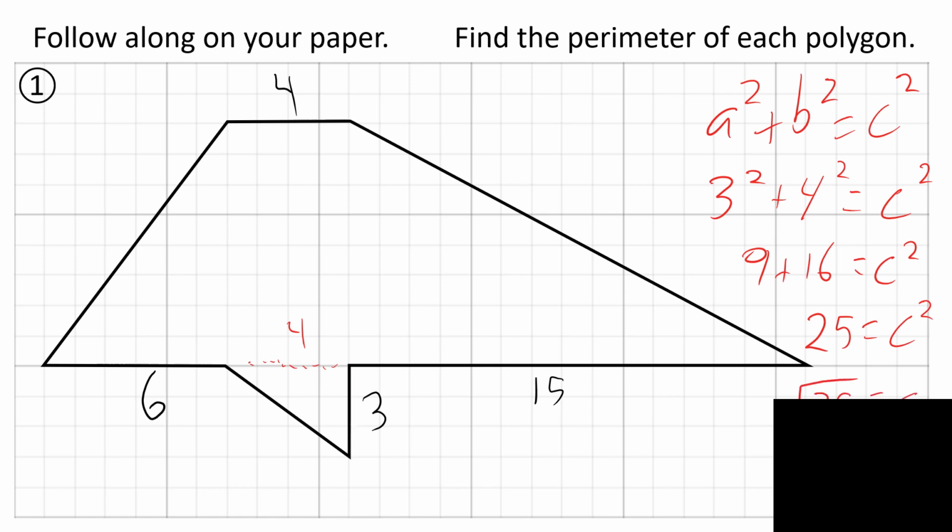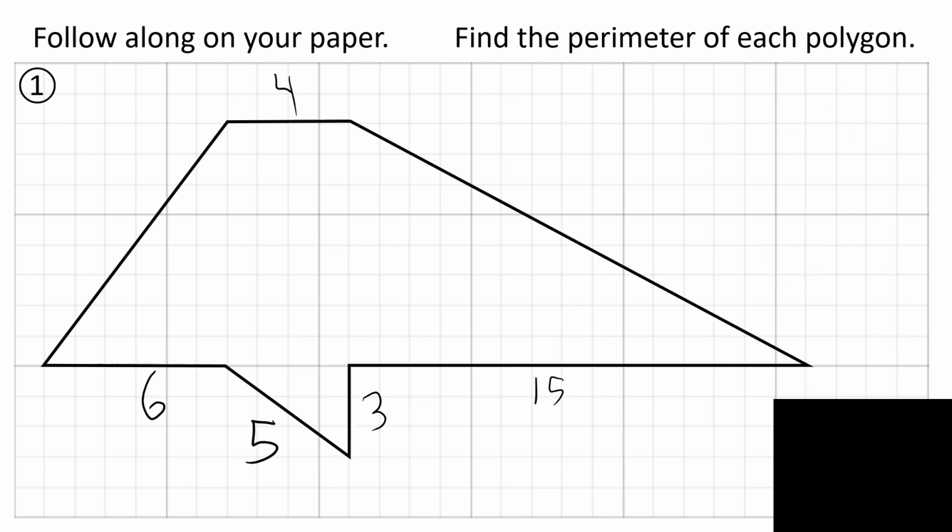Last step, got to take the square root of 25. And that's 5. After a while, you're going to actually start memorizing some of these. You're like, hey, how many times have we come up with that 3, 4, 5 triangle? Right, so 5 we're going to use.